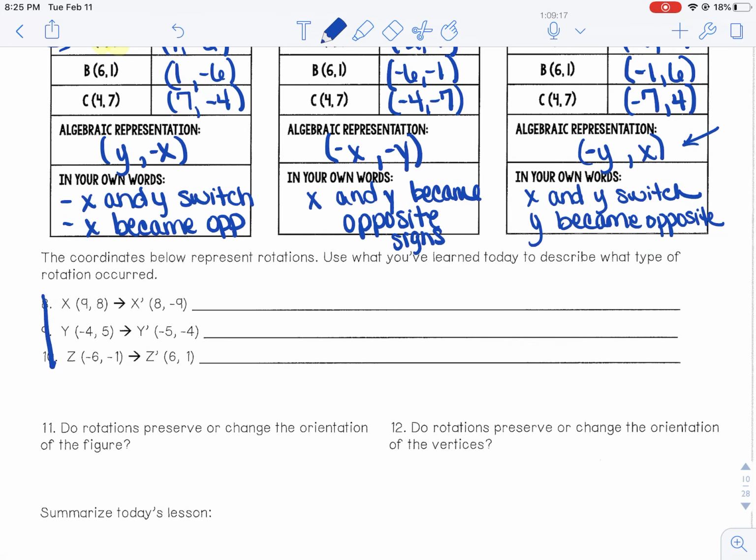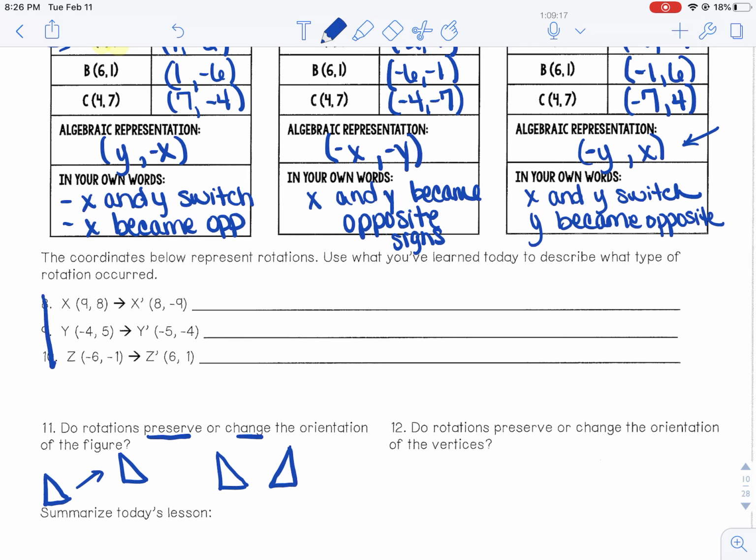Okay, so let's talk really quickly about whether rotations preserve or change the orientation of the figure. Remember what we talked about with preserving or changing orientation. When we did a translation, if we had a triangle that looked like this and we moved it up here, it still looked like that. If we did a reflection, when we reflected it, its orientation changed, it flipped around.